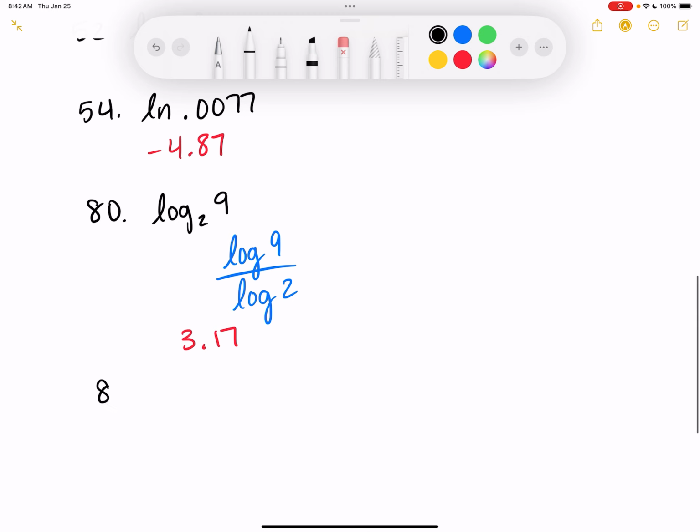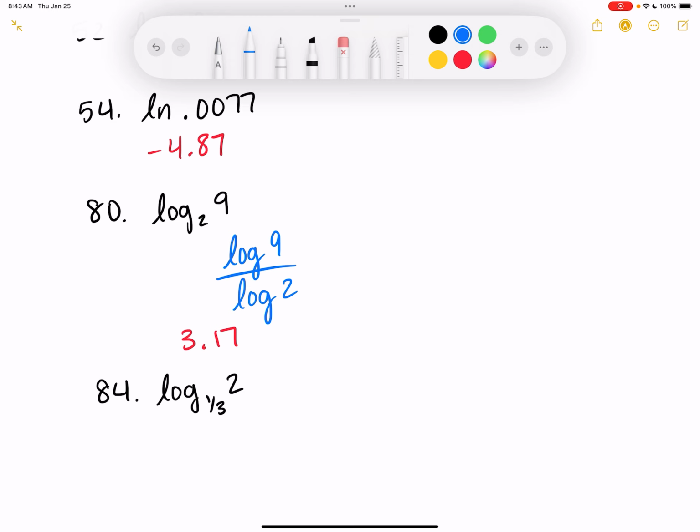84, log base 1/3 of 2. So how would I write this one? I need to rewrite it as a change of base formula.